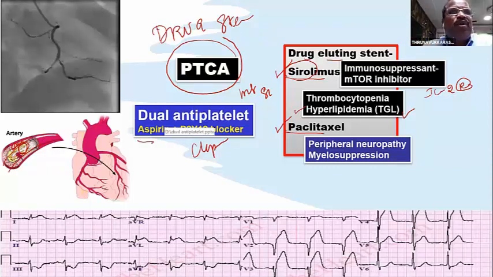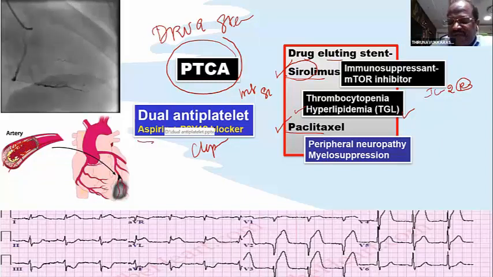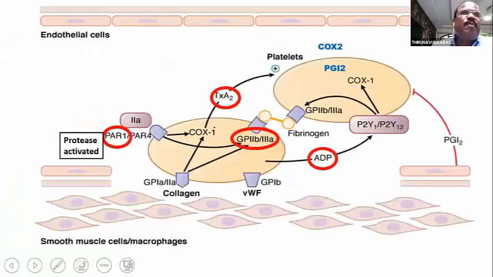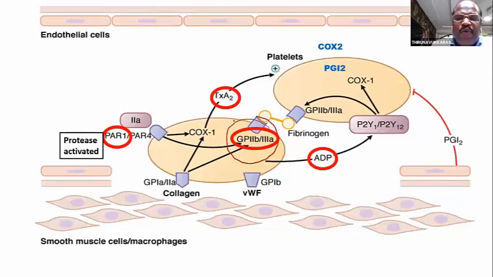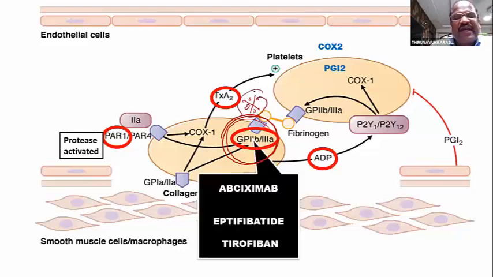Once again, we do thrombolysis, but sometimes there is a chance of failure of thrombolysis. In that case, what is the option? In that case, we use another important group of antiplatelets called glycoprotein 2b3a blockers. Very important. They are parenterally given, the so-called intravenous antiplatelets. For example, we have abciximab, eptifibatide and tirofiban.